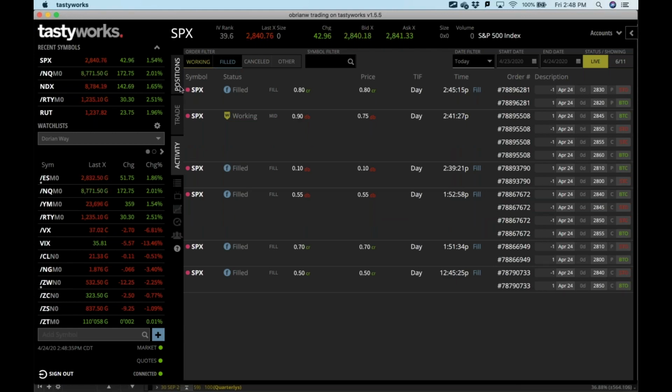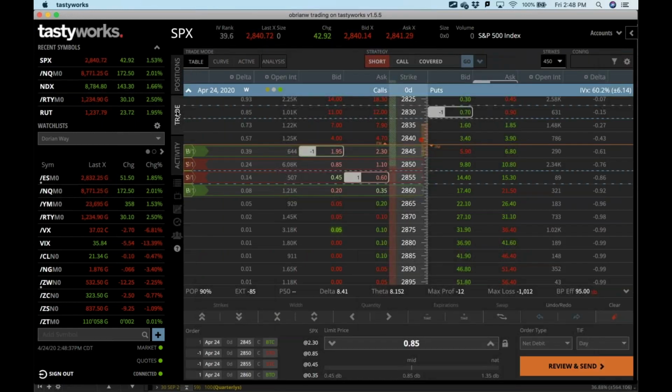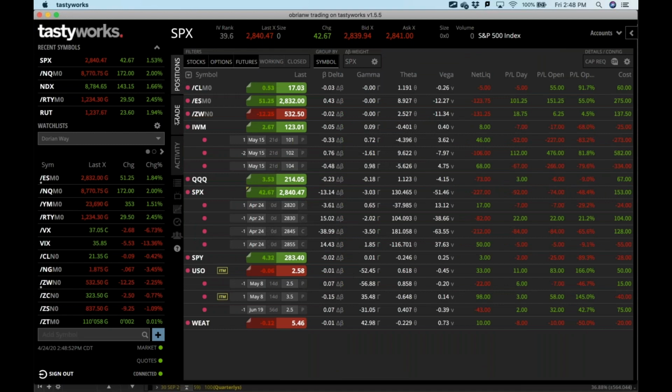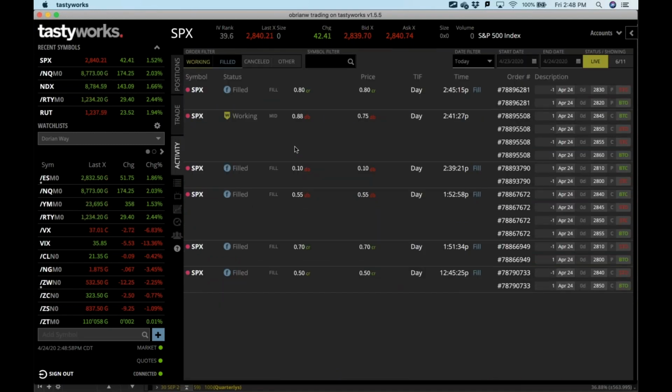It went down to 40. Small little pullback, so we'll see. Then I have to worry about the put side. If they fill me at 75, then I would be a little bit better on the call side. But we'll see. It's a fun day.